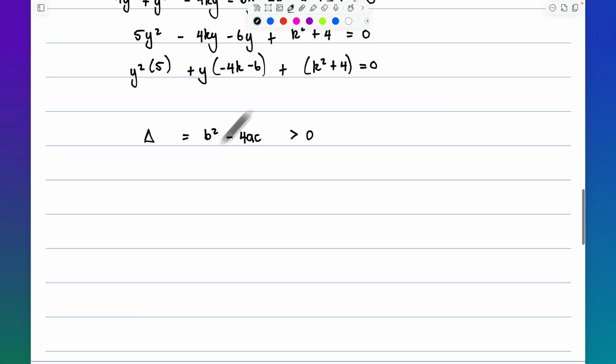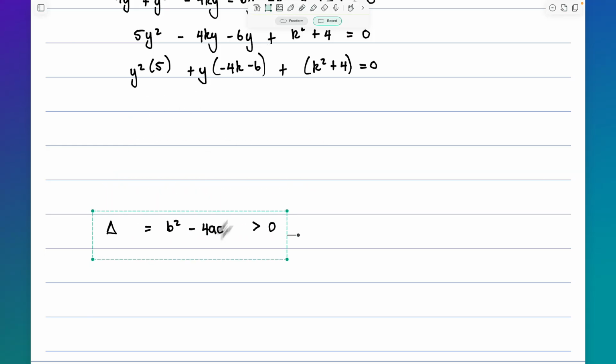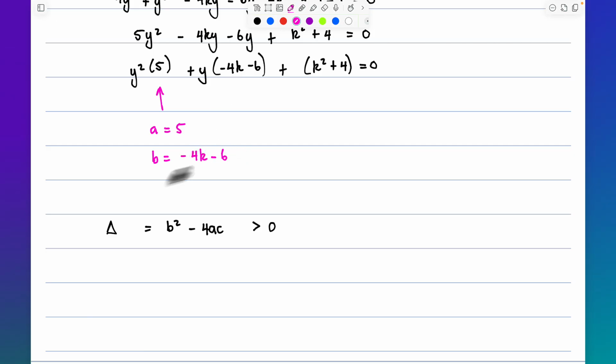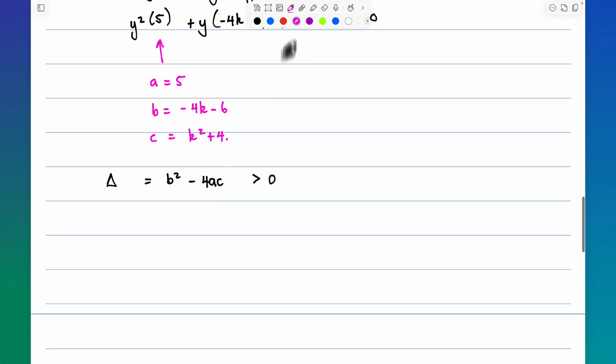So now we're going to take that expression, right? Let's push this down a little bit more, because now we need to make sure that we've identified from this expression, we know that our A value, which is this one, is 5. Our B value is this expression, which is negative 4k minus 6. Then our C value is k squared plus 4, right? That means our determinant equation, right? I know this is going to be positive, but let's just simplify our determinant, right?